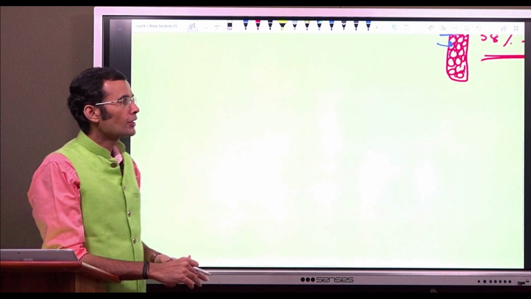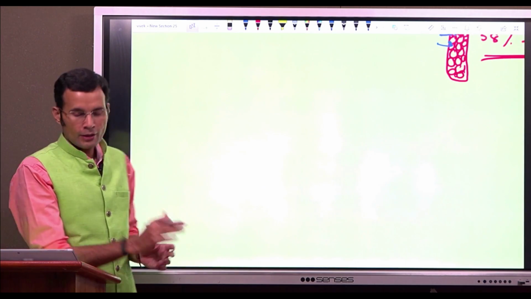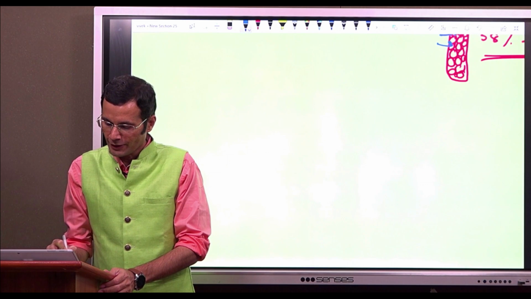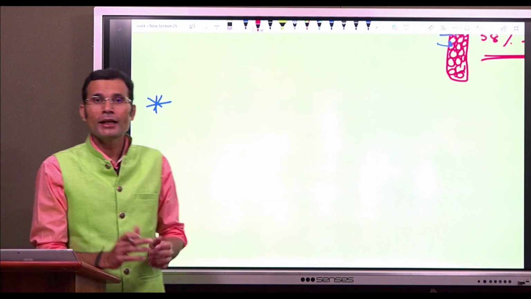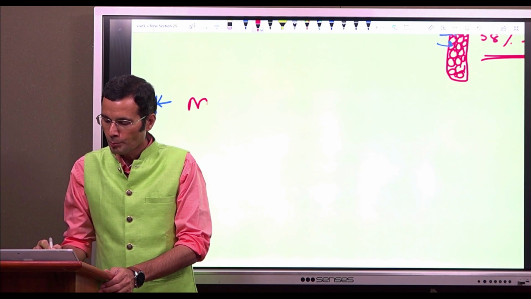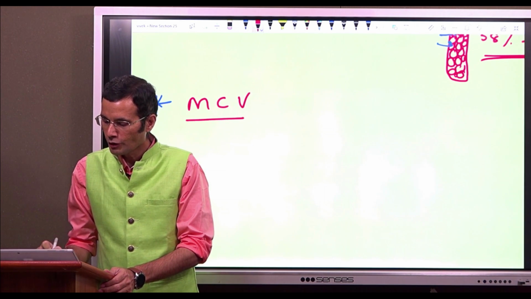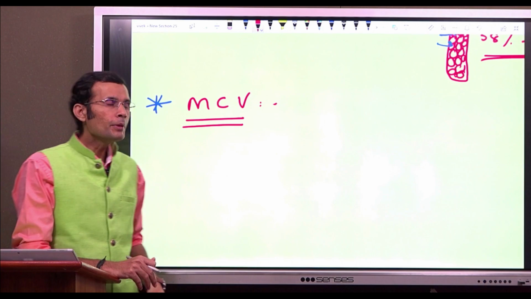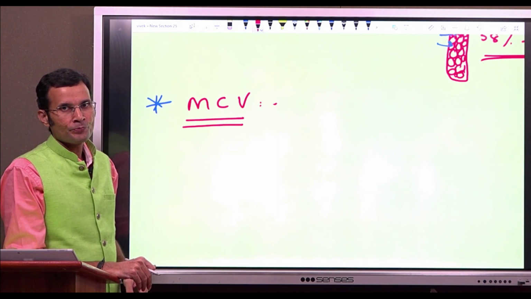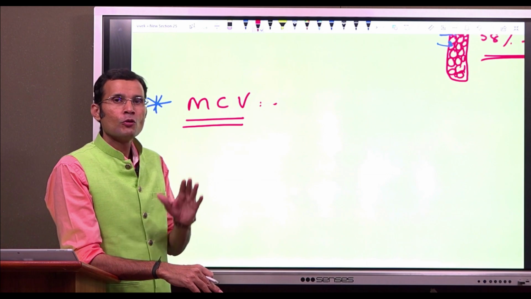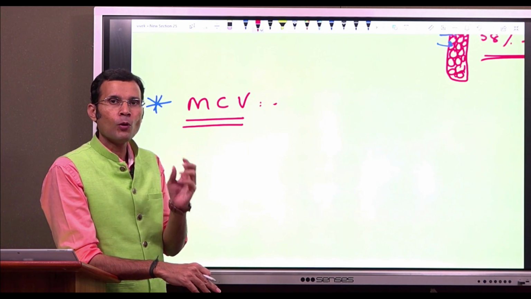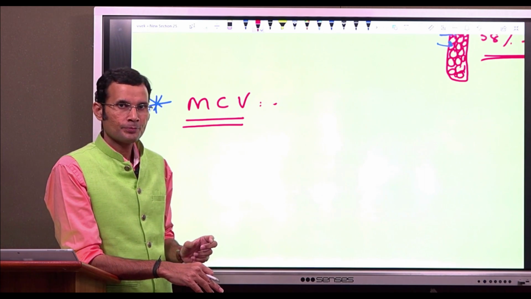Now, let us see the other blood indices. After the packed cell volume, we will calculate mean corpuscular volume. Mean corpuscular volume means, on an average, what is the volume of one single RBC?